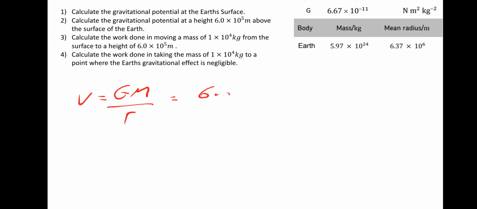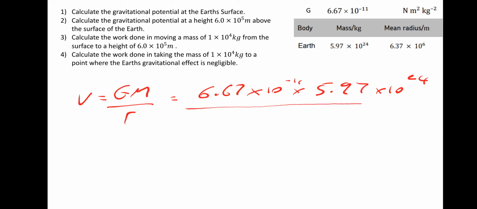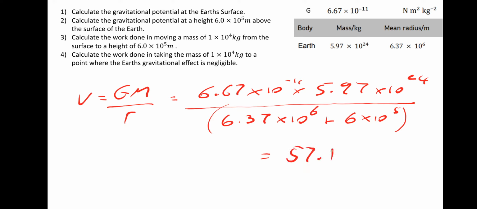So G is the same, 6.67 times 10 to the minus 11, multiplied by the mass, 5.97 times 10 to the 24, and then divided by R. So this time it would be the radius of the Earth, plus the height above the Earth, which is 6 times 10 to the 5, which gives us a potential of 57.1 megajoules per kilogram. So let's do number 3.